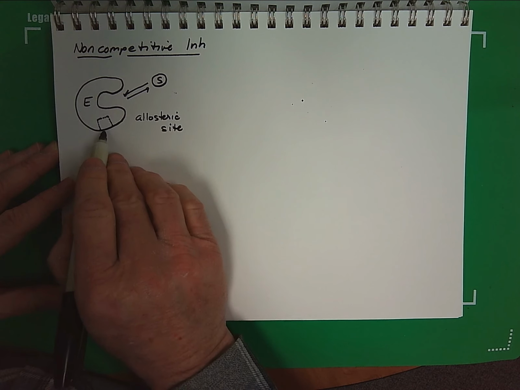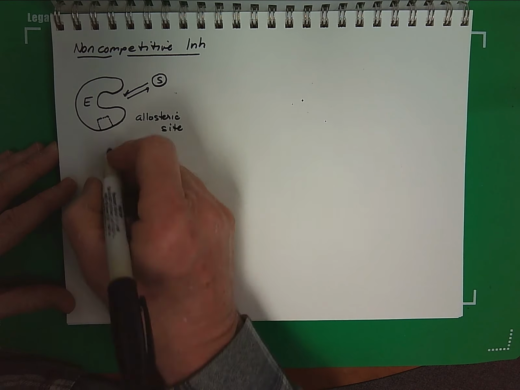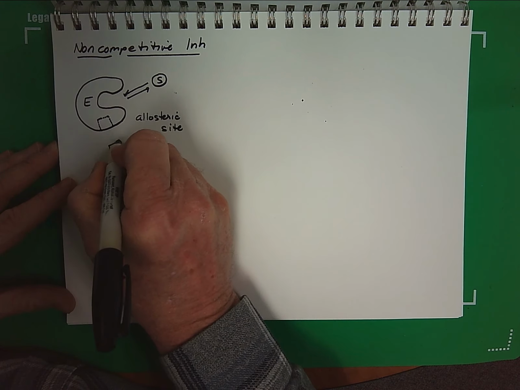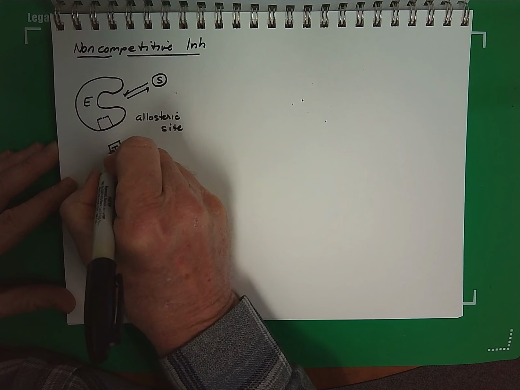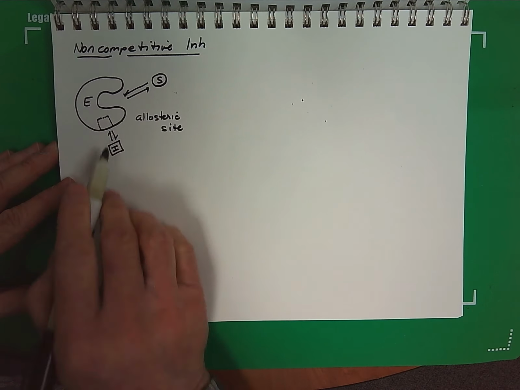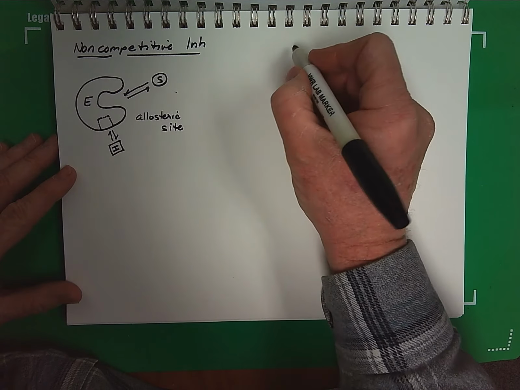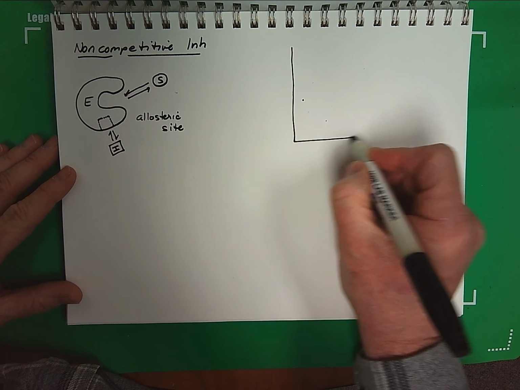The allosteric site is a regulatory site that is present on the enzyme that is not the active site. So our inhibitor will bind specifically to this other site. This, of course, is going to affect the enzyme activity.